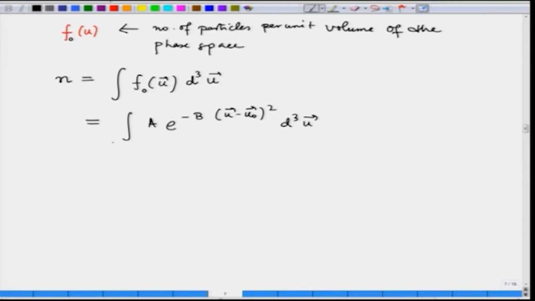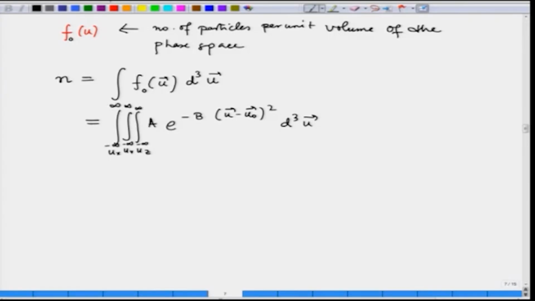This is a triple integral, and for all the components of u, I can write explicitly ux, uy and uz, with the same limits, minus infinity to plus infinity.